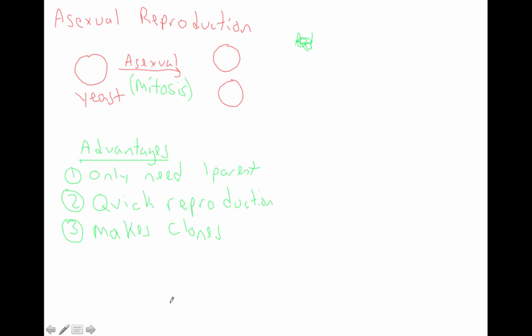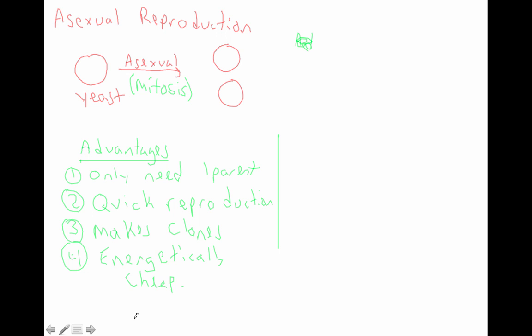It allows it to maximally occupy that particular environment. Now, there are, of course, some disadvantages. Oh, there's another advantage we should list here. It kind of has to do with the quick reproduction rates, but it's also energetically cheap.